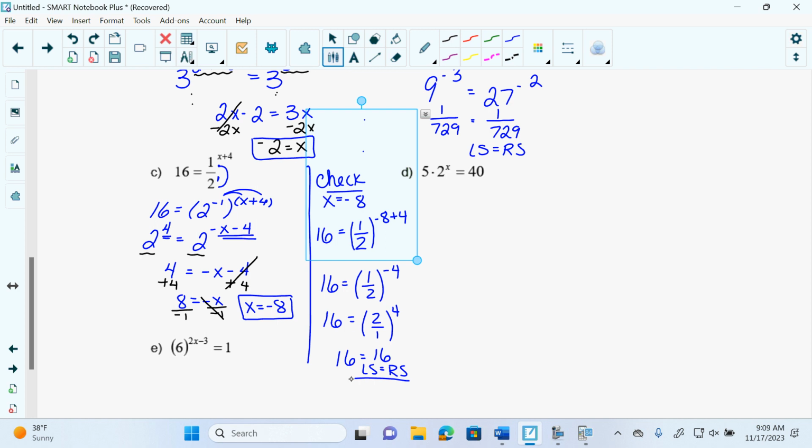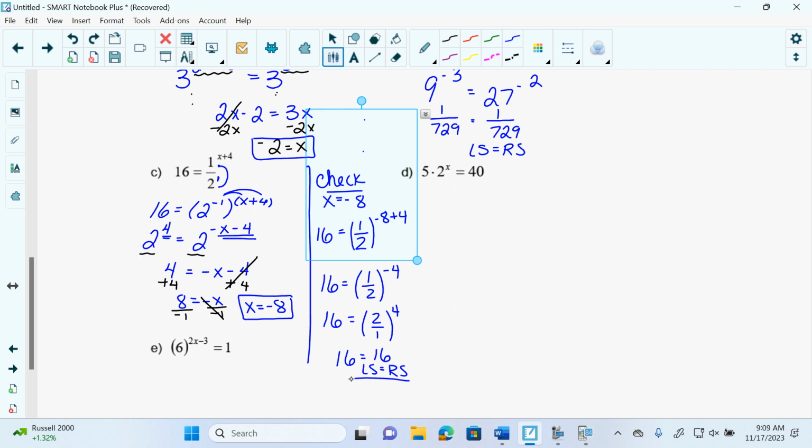D, people will stare for life. And they'll say 5, 2, and 40. What base can I make it be? You can't make it be a base, right? There's no base you can make it be. But is there something we could do? Divide by 5. We can divide both sides by 5. Can we do 40 divided by 5 in mathematics?